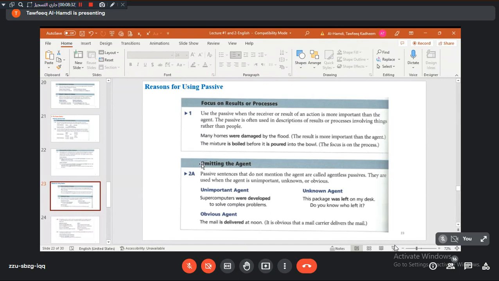So I can use am, is, are plus the past participle of the verb, followed by an optional by plus noun. The present continuous passive takes the following form: am, is, are being plus past participle, followed by by plus noun.